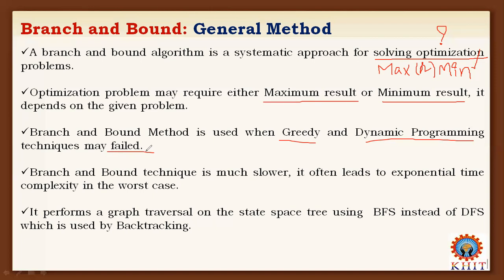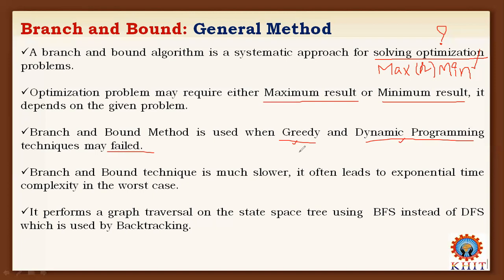So some of the examples we will discuss here. We can solve the 0/1 knapsack problem and traveling salesman problems by using both greedy method and dynamic programming method. But there is no guarantee whether we will get the optimal solution when we try to solve problems like the 0/1 knapsack problem by using greedy and dynamic programming, and also traveling salesman problems.